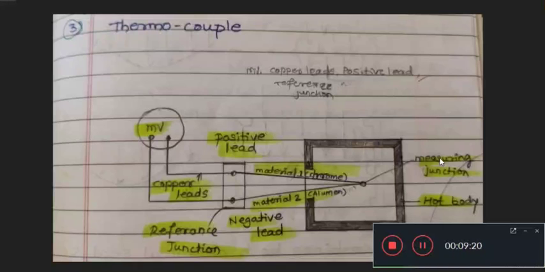The measuring junction is made in contact with the hot body whose temperature is to be measured, and the EMF will be generated, which gives us the difference in temperature itself. Thus we have three different measuring instruments used to measure temperature. That's all for the measurement of temperature.